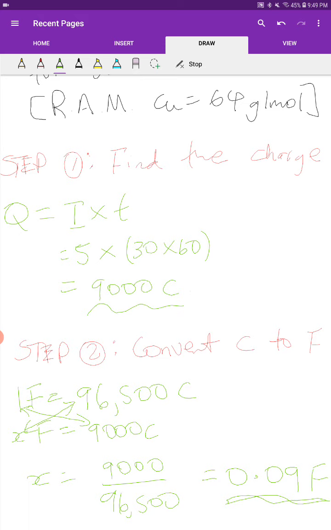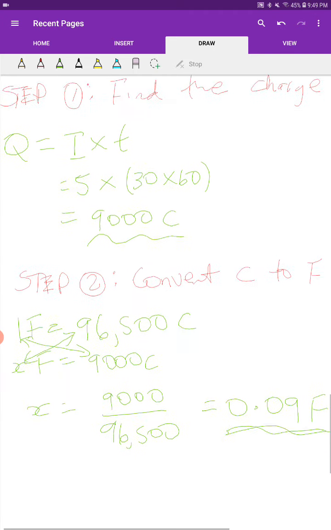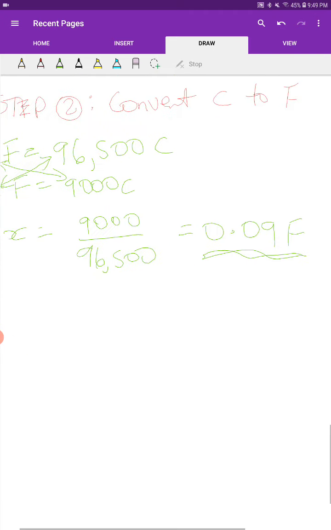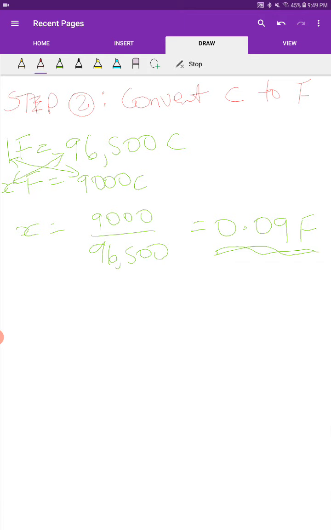Now we have our charge that's flowing, and that charge is in Faradays. So the next thing we have to do now is write our half equation, because the half equation is what is going to set up the second law.